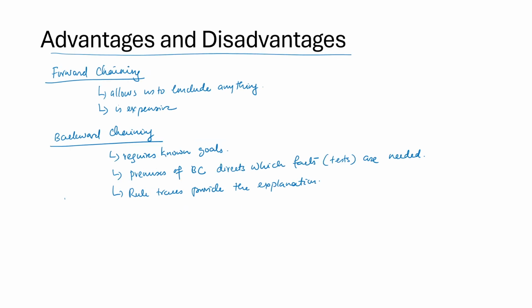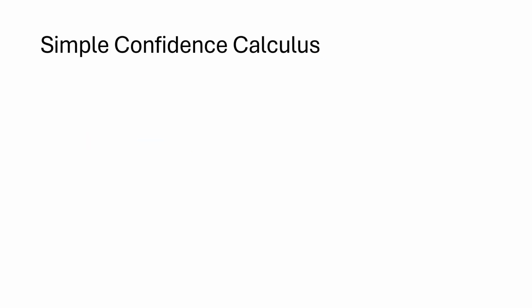While forward chaining is more computationally expensive, backward chaining requires rules, and rule traces help you provide the explanation. Now, we will start with the simple confidence calculus today. We will take this slide and then stop the lecture here, and do the math-based versions next.